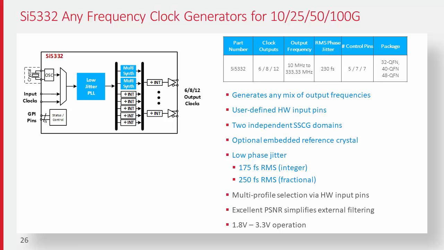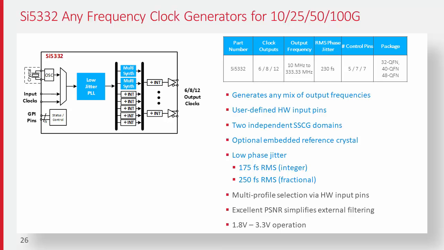So we definitely have a wide timing portfolio at Silicon Labs. Would you be able to give an overview of which of our latest timing parts are PCIe compatible? Oh yeah, absolutely. Last year, around November 2017, we introduced one of our clock generators, an any-frequency, any-output clock generator, the SI5332.